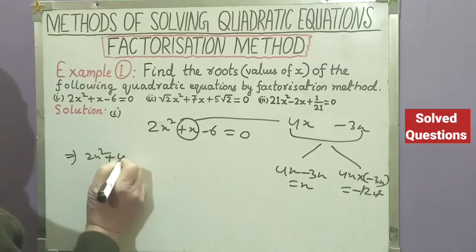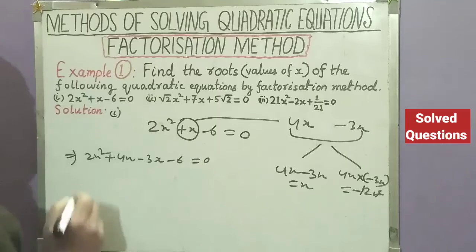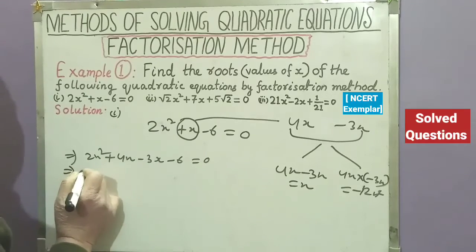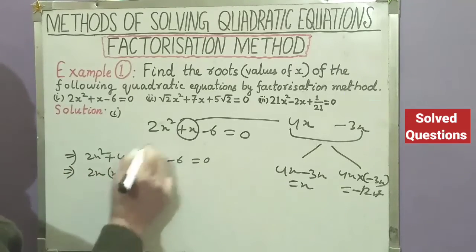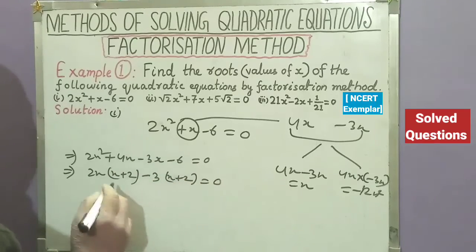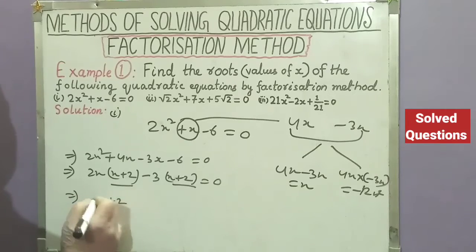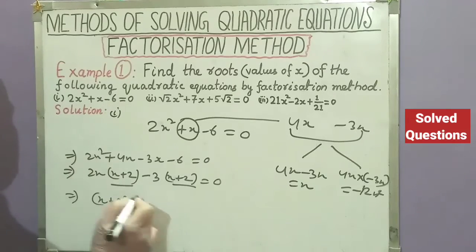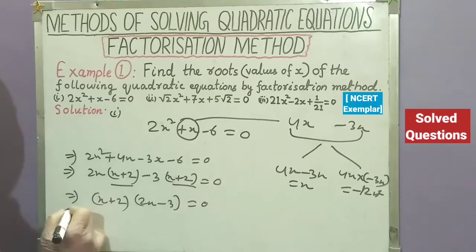Now that implies 2x² + 4x − 3x − 6 = 0. That implies 2x(x + 2) − 3(x + 2) = 0. Now taking (x + 2) common, we get (x + 2)(2x − 3) = 0.